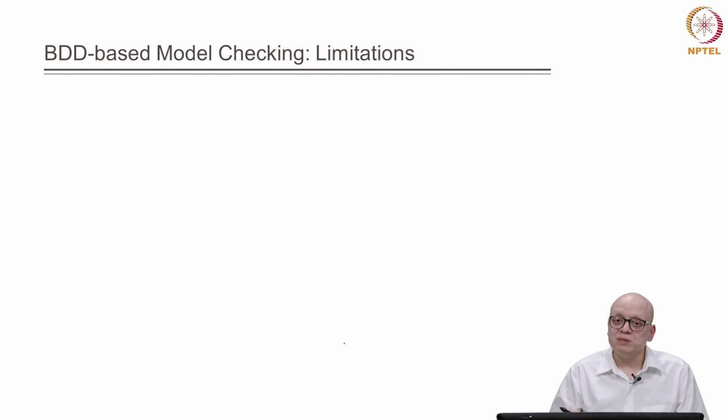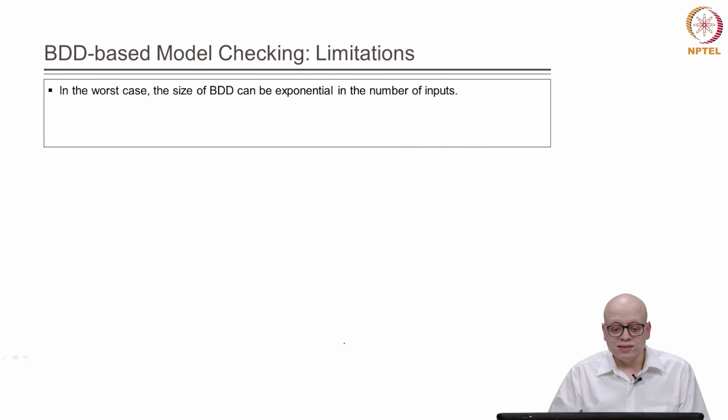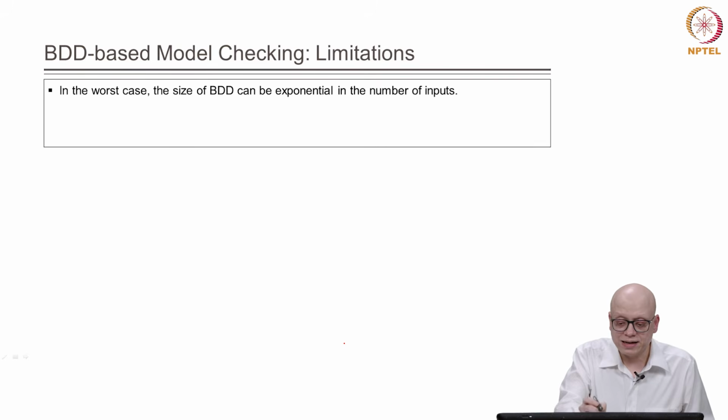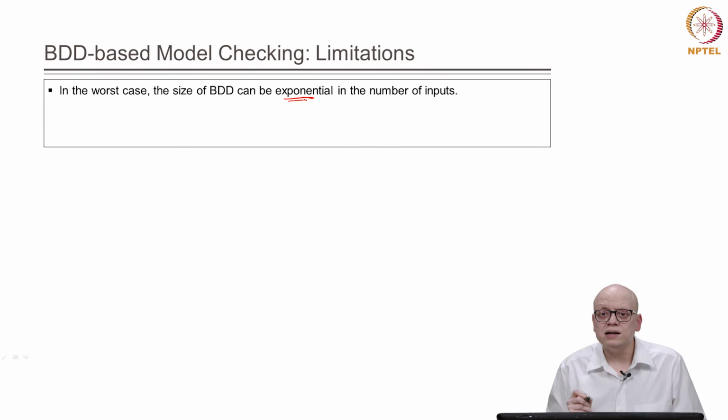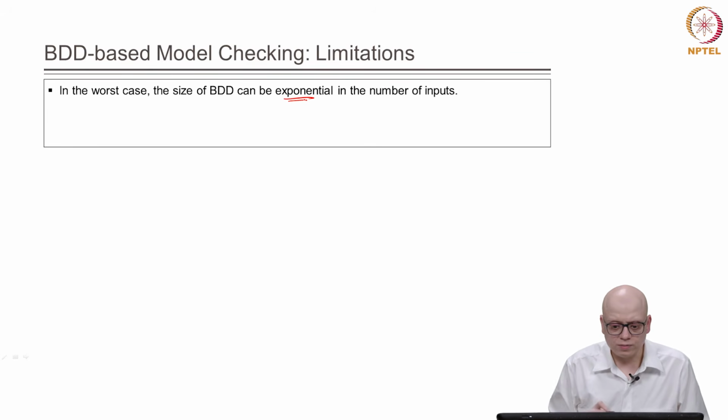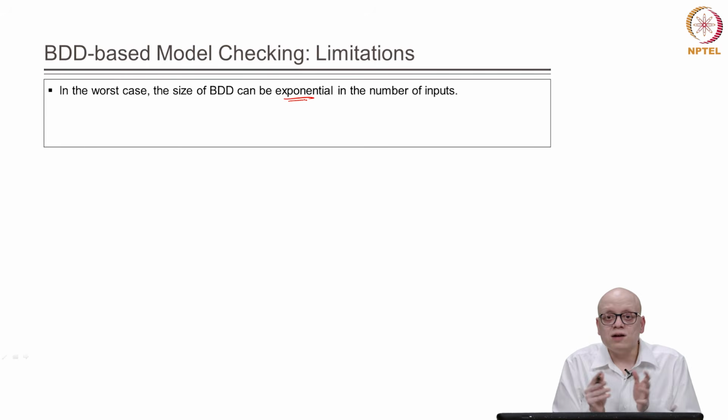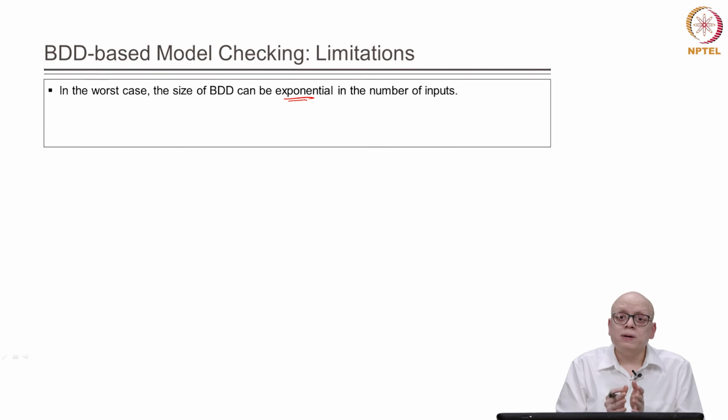Now, what could be the limitations of this method of checking the property? In the worst case, the size of the BDD can be exponential. We had seen this in the earlier lectures when we were discussing BDDs. We saw that for some functions it will always be exponential, and for some functions it depends on the variable order.